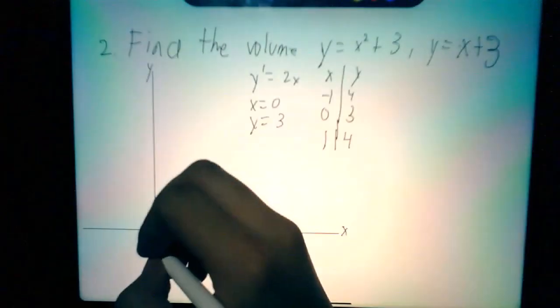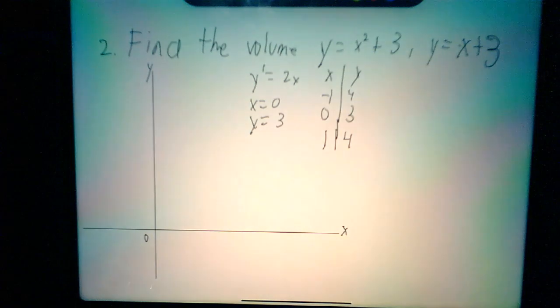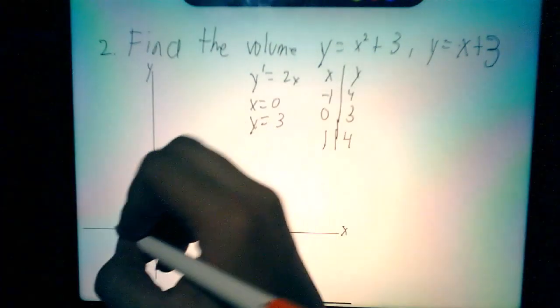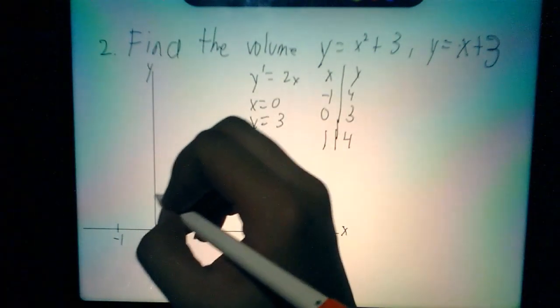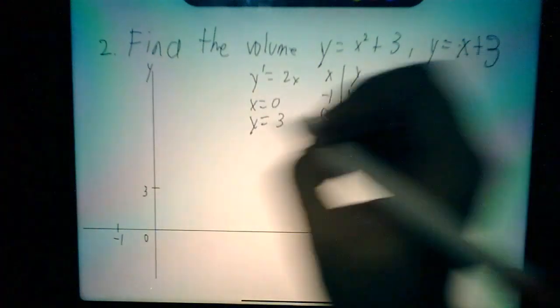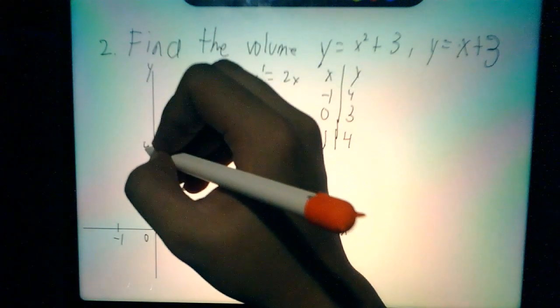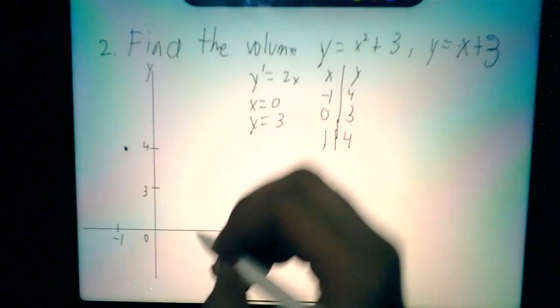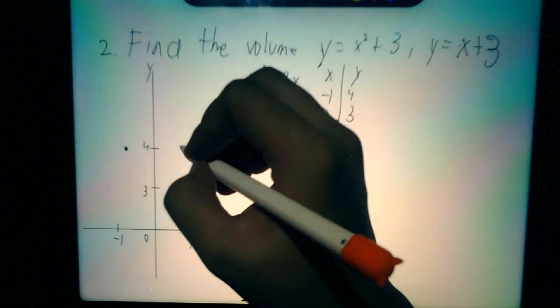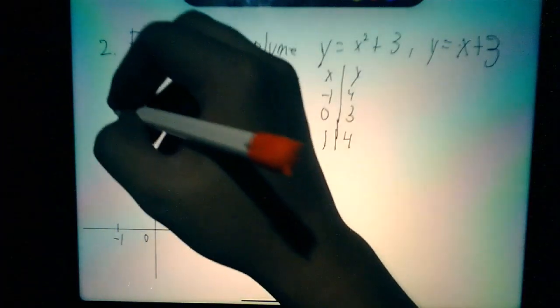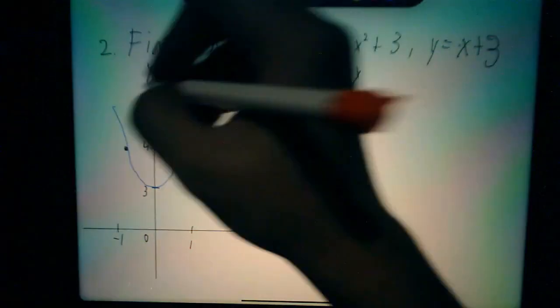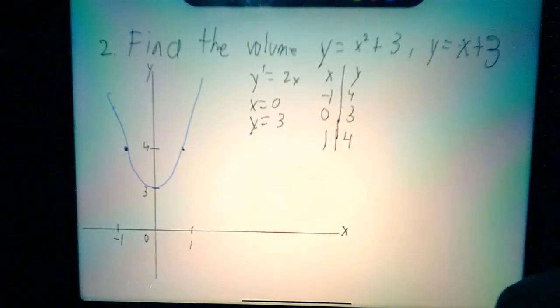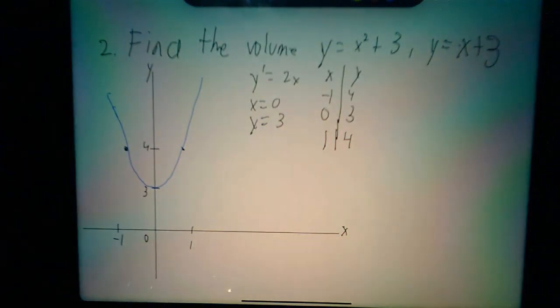So this is 0, and this is x. If x equals negative 1, y is 4, and if x is 1, y is 4. Our parabola should look like this. You see it? Yes, like that.